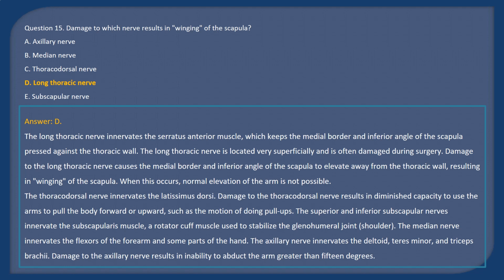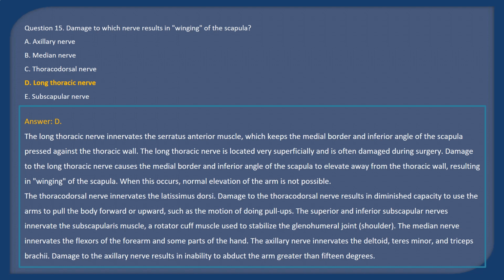The long thoracic nerve is located very superficially and is often damaged during surgery. Damage to the long thoracic nerve causes the medial border and inferior angle of the scapula to elevate away from the thoracic wall, resulting in winging of the scapula.